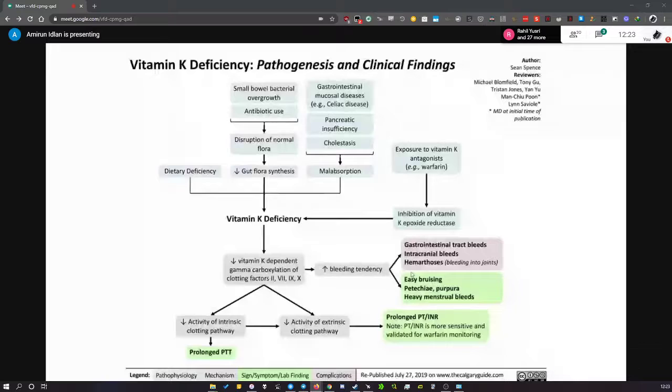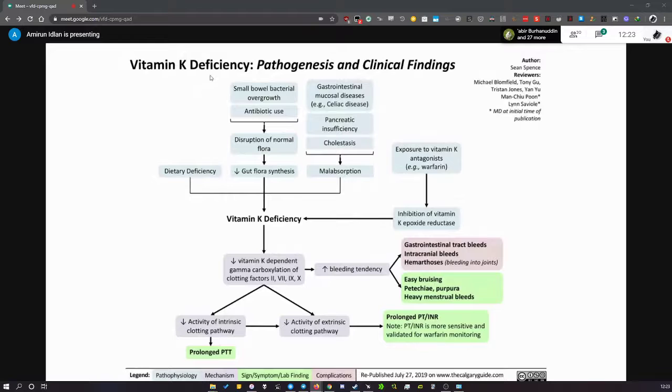Okay, so first of all, in a newborn there is small bowel bacterial overgrowth. During the first week of life there will be a sterile gut, meaning there will be no bacteria.